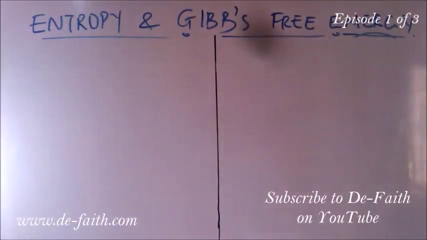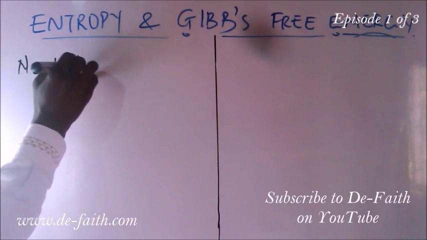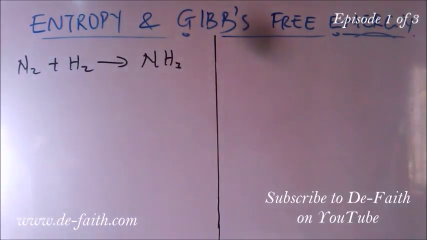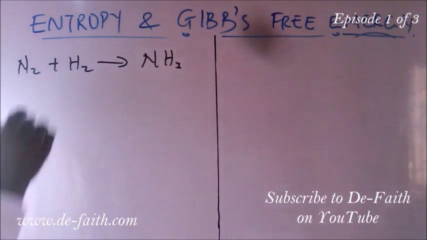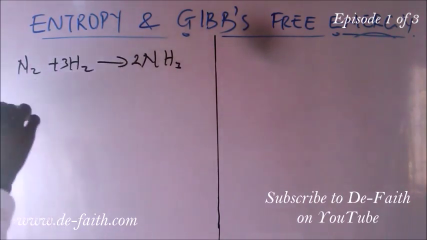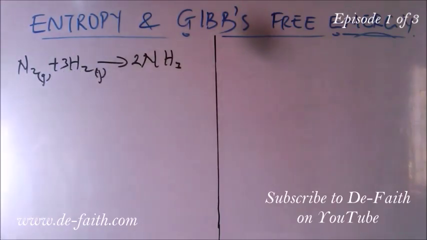From this question, we're told that there's a reaction between nitrogen gas and hydrogen gas to produce ammonia gas. So first we need to balance this equation. We have 3 over here and we have 2 here. That balances the equation. And we have all these as gas.